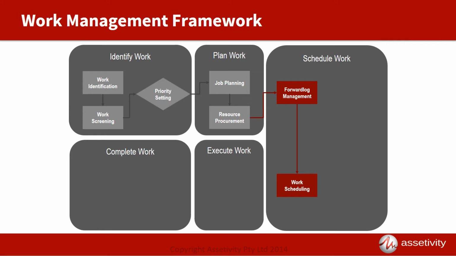Another would be the need to avoid scheduling one work group working above another where there was a risk of falling objects. A third would be adjusting the work sequence to allow a single hire crane to be shared between multiple jobs. Taking all of these considerations into mind, the scheduler prepares a comprehensive program of work to pass to the maintenance supervisors for execution.